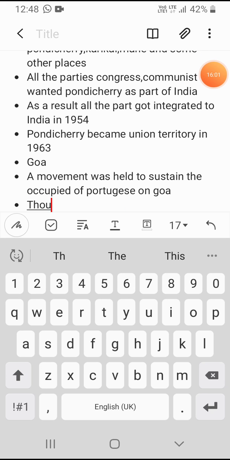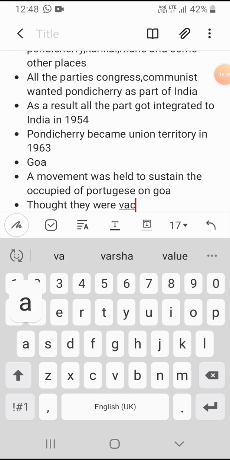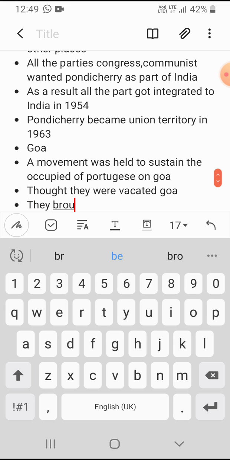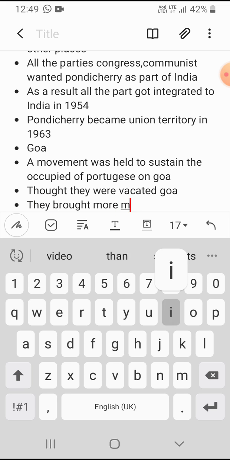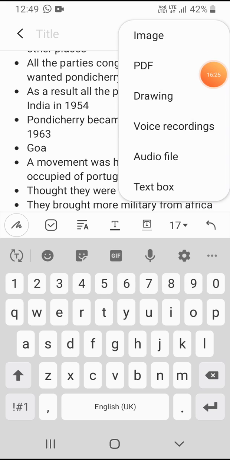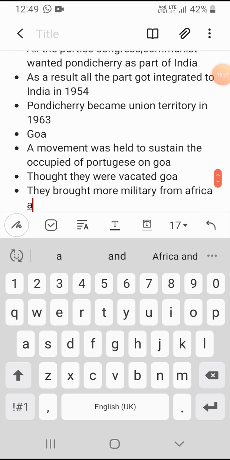They were told to leave, but they did not vacate Goa. They brought more military from Africa and European countries.